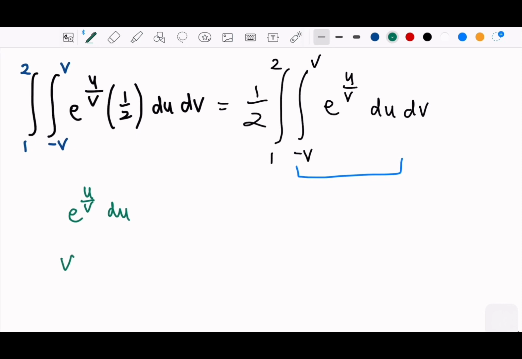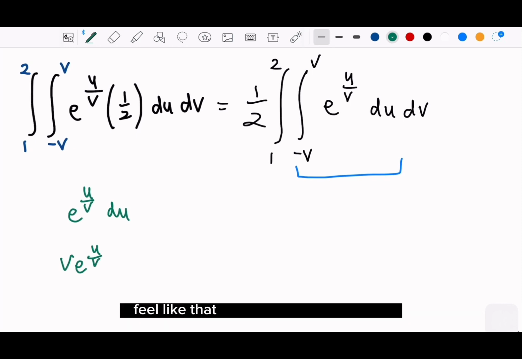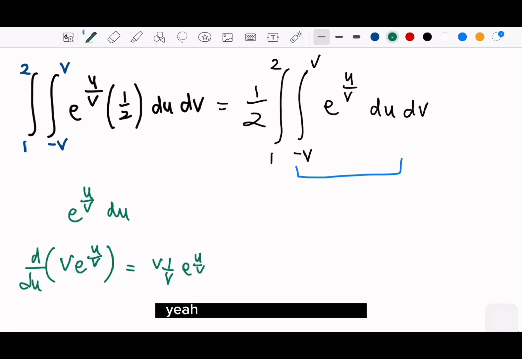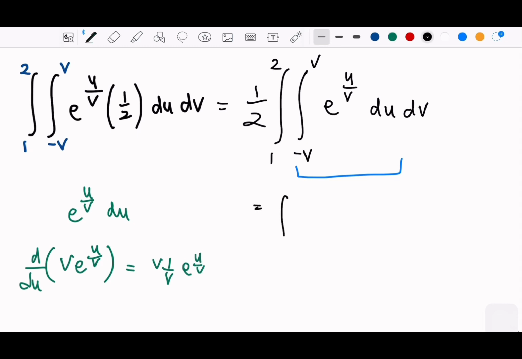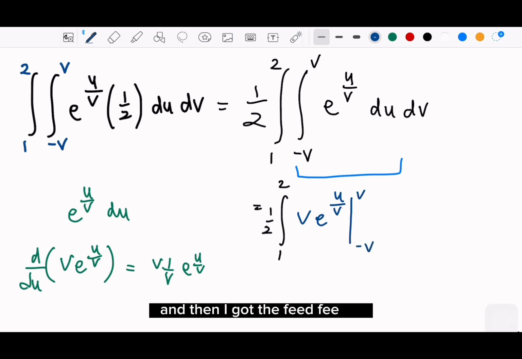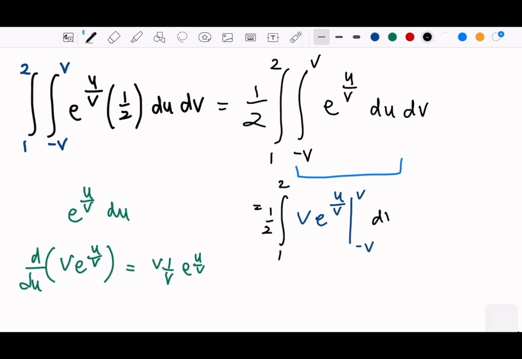So if we take v like that, if we take the integration, yeah, then this is the integral. So this will be v e to the u over v, and then negative v to v dv.